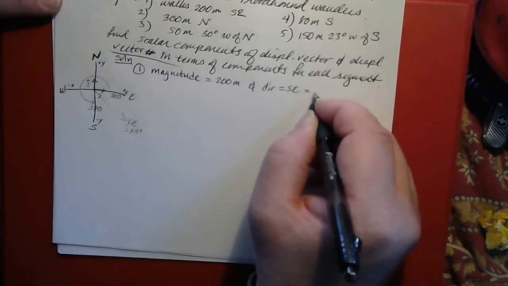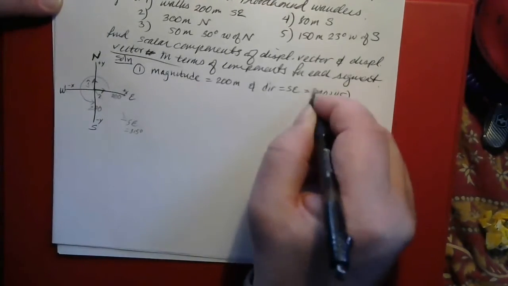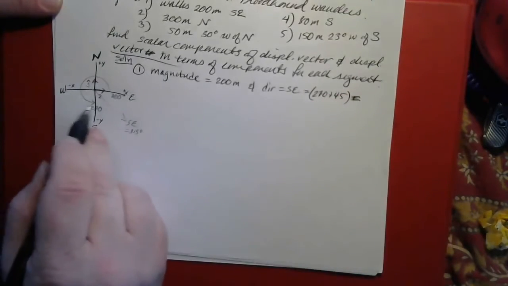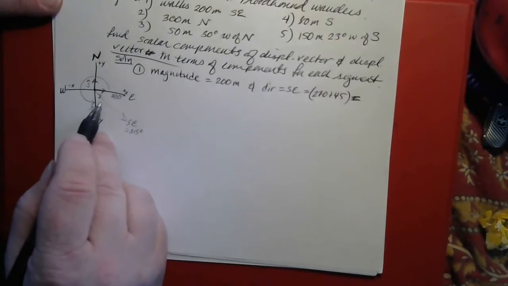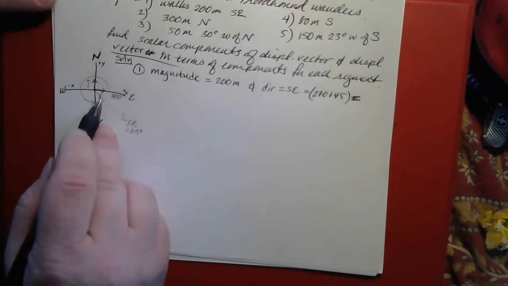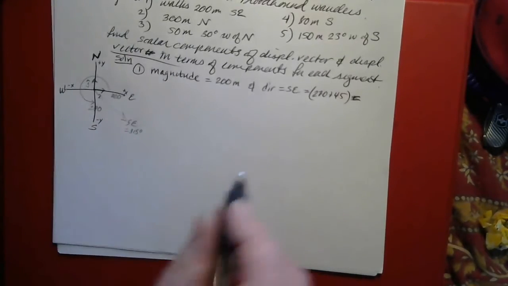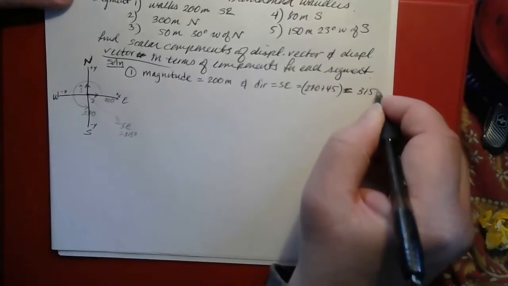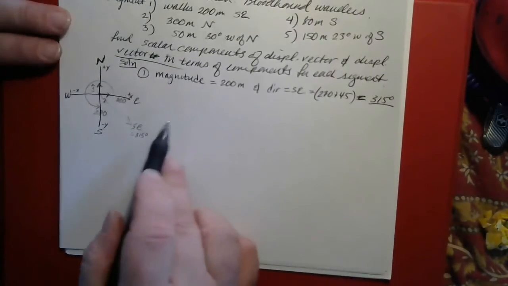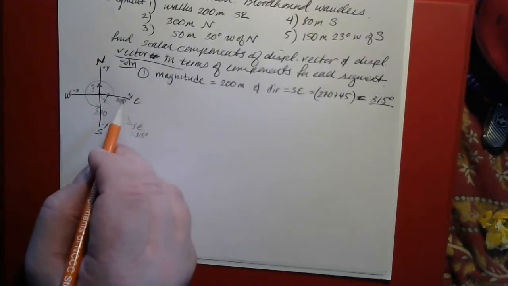Or 270 plus 45 degrees, because you've gone 270 degrees and then there's another 90 degrees to go all the way back to east, but you're only going half that far. So it's 270 plus 45, that's 315. You could, if you wanted to, go the other way, go clockwise, because it's closer.